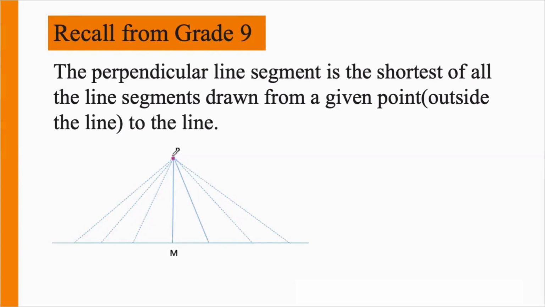That means from any given point outside the line, so P is outside the line, and from all the line segments that you can draw from P to the line, the perpendicular line segment, which is PM here, is going to be the shortest. So here PM is the shortest line segment.